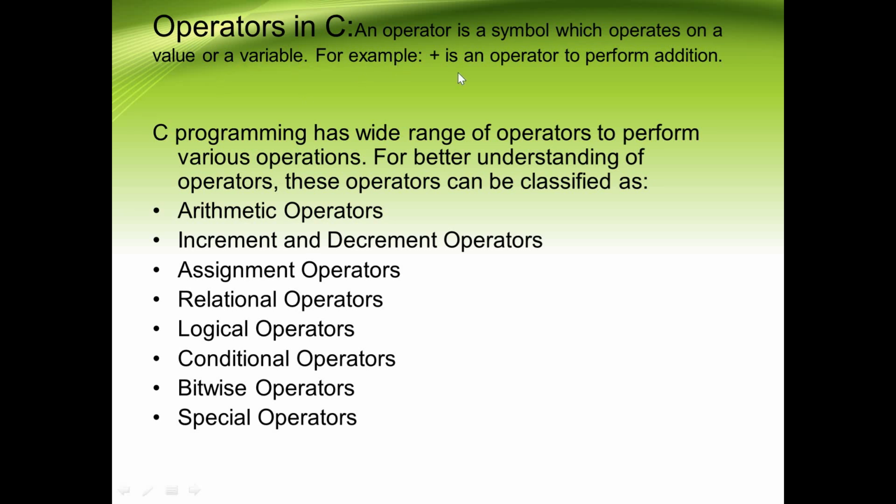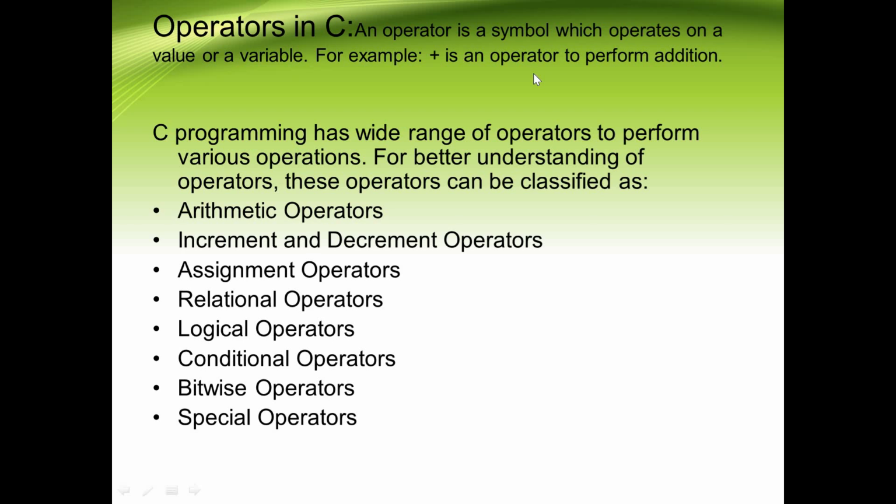Operators in C. This is the most important thing we use in our programs. If there are two variables, then an operator must be there, otherwise the output is not found. If there are two numbers like 1 plus 4, then plus is the operator and 1 and 4 are operands.